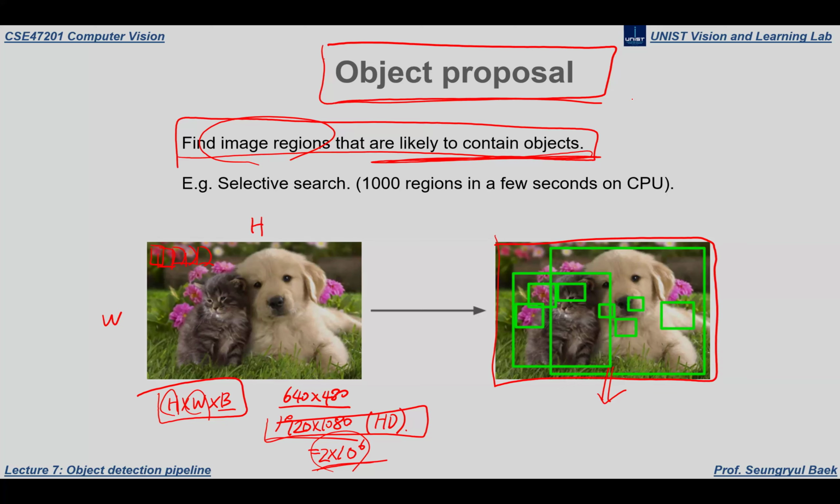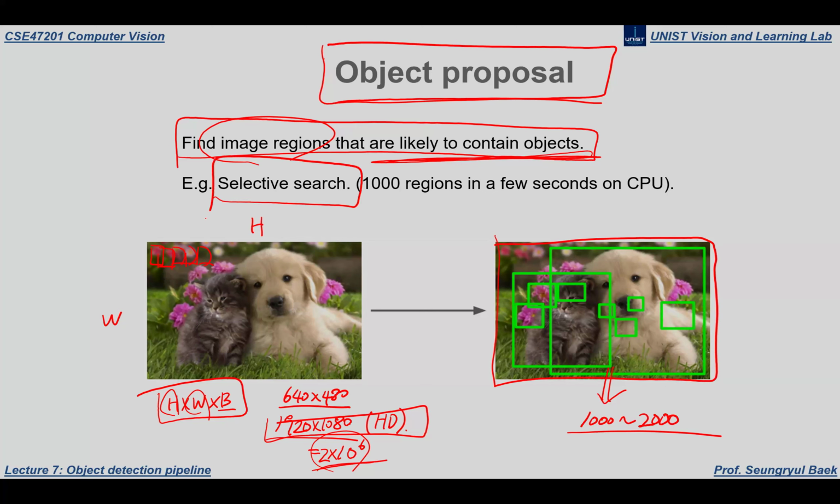Here, what we want to do is extract 1,000 to 2,000 bounding boxes which may contain an object inside.